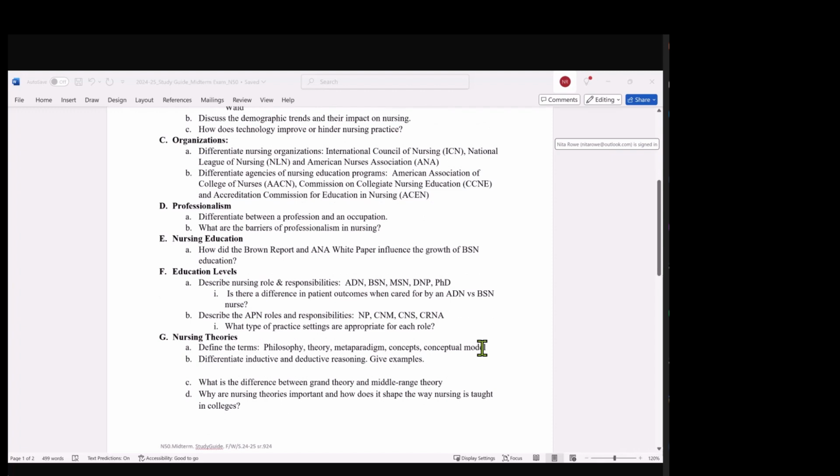Know the roles and responsibilities of the ADN, BSN, MSN, DNP, and PhD. What is their role and responsibility? So I'm going to ask this question.